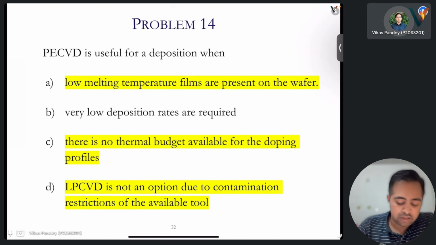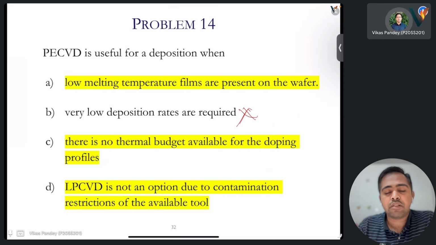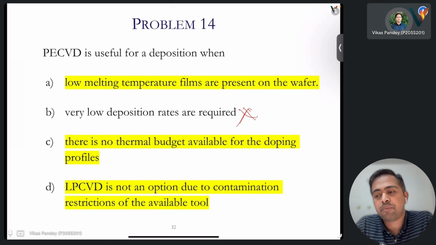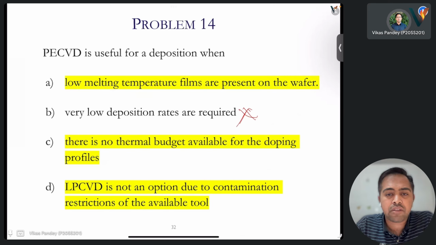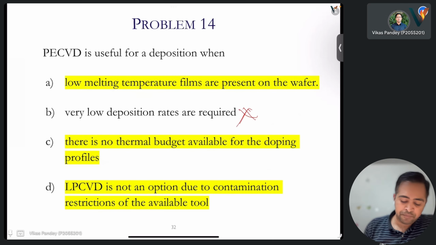So these are the reasons, but low deposition rates required is not the reason, because you can control the deposition rate not by using PECVD, but by changing the temperature in case of LPCVD and APCVD, as well as the flow of the gas and the precursor amount. These things can be changed if we want low deposition rates.